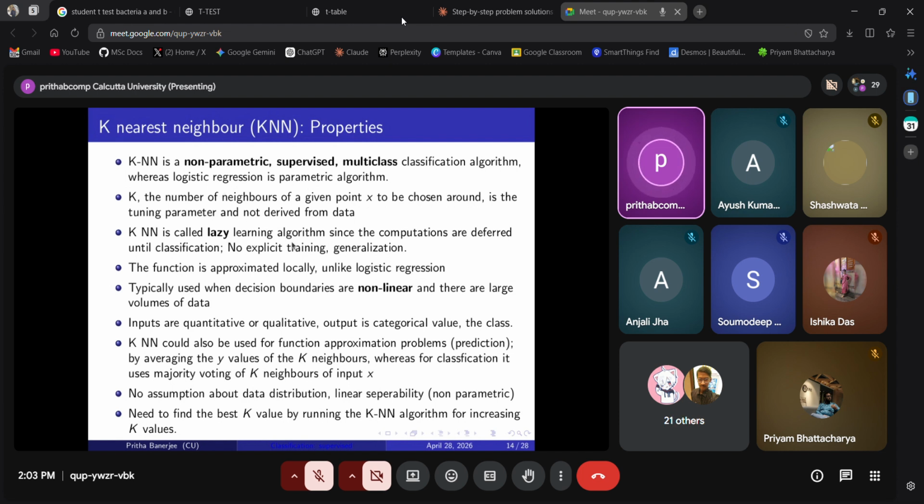That's why it is called lazy learning. Computation is deferred until classification, and there is no explicit training phase and no generalization as such. The function is approximated locally, unlike logistic regression, since we are talking about k neighbors and restricting ourselves to a very small view near the given point x.